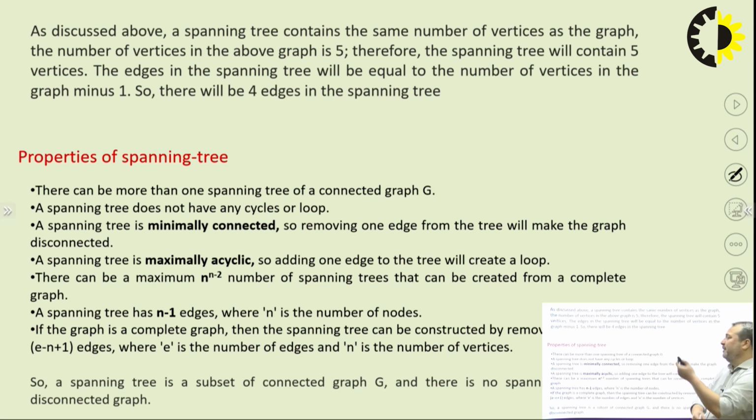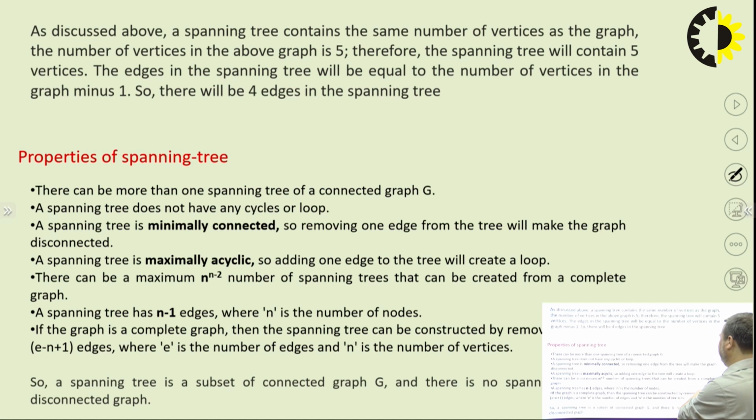A spanning tree is minimally connected, which means if we remove one edge, it will be disconnected. A spanning tree is also called maximally acyclic, because adding even one edge to the tree will create a loop. It is acyclic, but if you add one edge, it becomes a cycle.